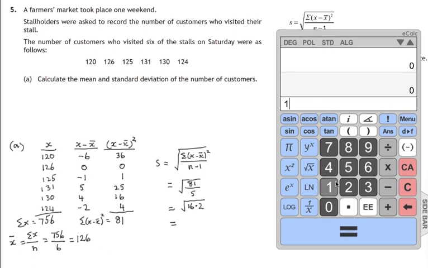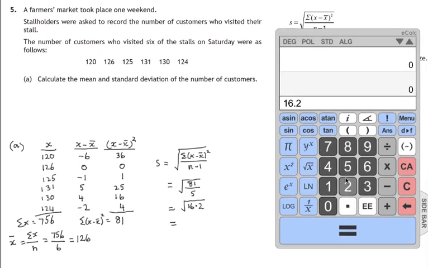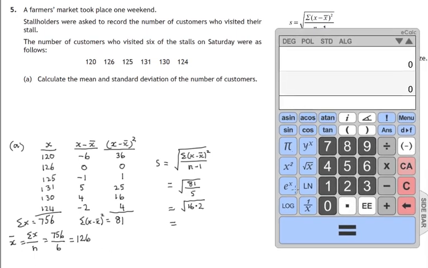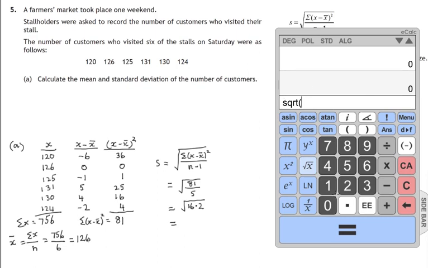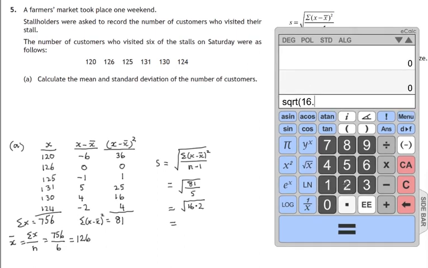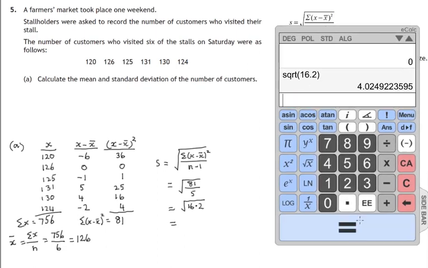So let's find that, 16.2. In this calculator we do square root first, 16.2. That gives us 4.024, and so it goes on. Now I'm going to round this to 1 decimal place.